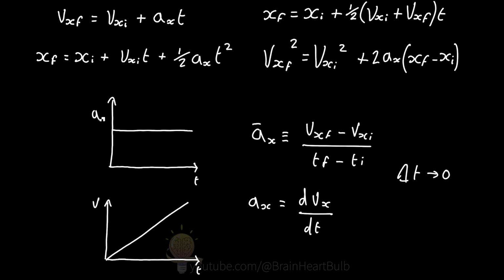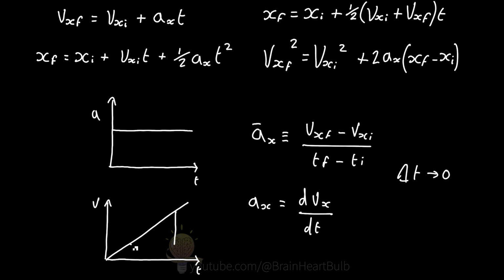But since our acceleration is constant here and doesn't change over time, our velocity time graph changes linearly over time. So the average acceleration here is equivalent to the instantaneous acceleration.